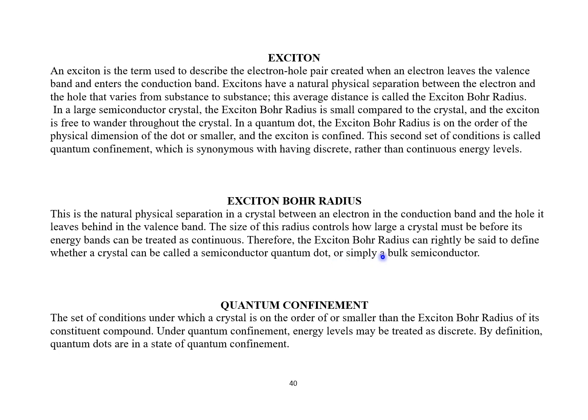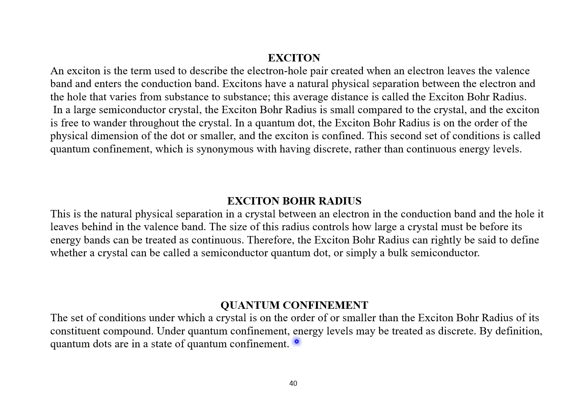فمعناته باختصار إنه السيميكوندكتور هل ممكن اعتباره هو bulk أو ممكن اعتباره هو quantum dot على السايز مالته. فإذا السايز مالته كان مقارب للإكسايتن بور راديوس معناته هو quantum dot. Otherwise فهو bulk semiconductor. Quantum confinement. The quantum confinement is the set of conditions under which a crystal is on the order or smaller than the exciton Bohr radius for its constituent component.